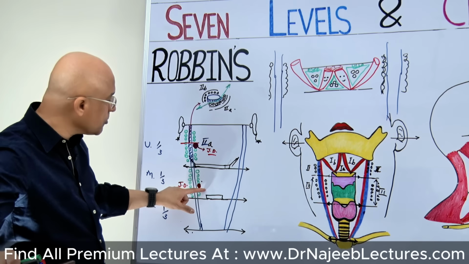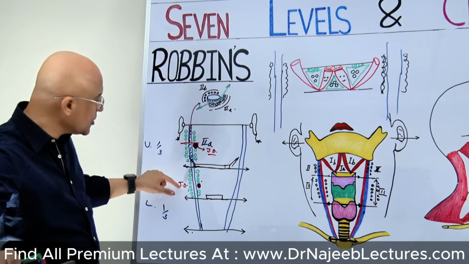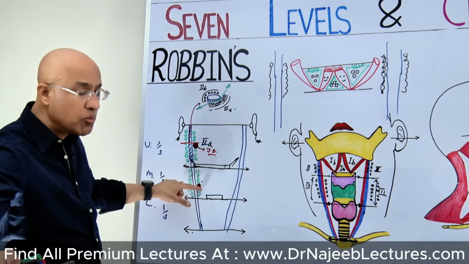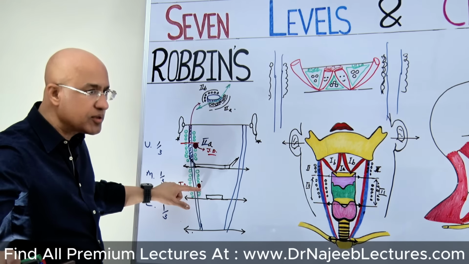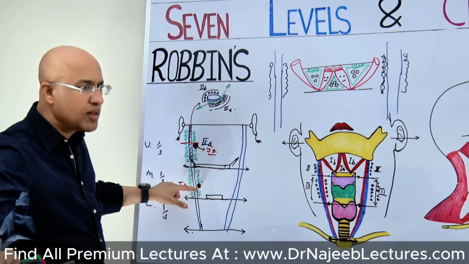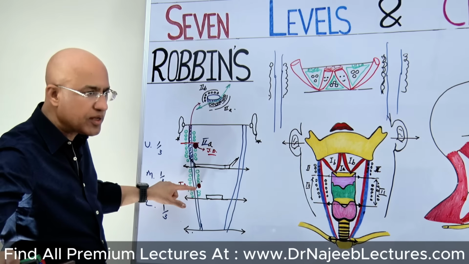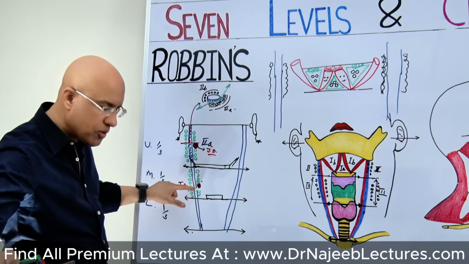And when you come to level 3, you must remember the jugulo-omohyoid lymph node, which is very important clinically because it is first to receive the cancer metastasis from draining areas like the hypopharynx and larynx and maybe the lower part of the oropharynx, right?